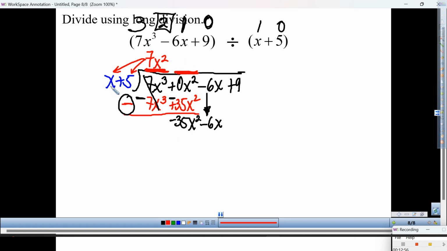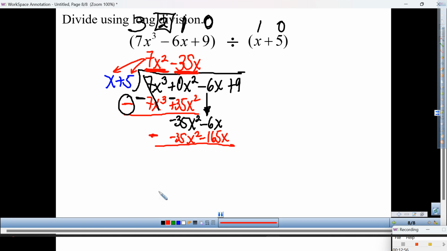What number times x gives me negative 35x squared? What's that number, Jaden? Very good. You said negative 35x. Very good. Yes. Negative 35x times x is negative 35x squared. Negative 35x times 5, that's negative 165x.